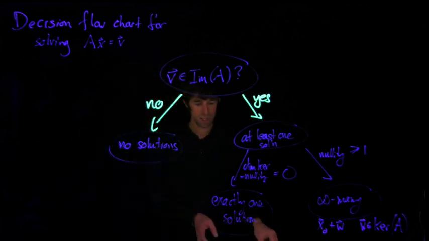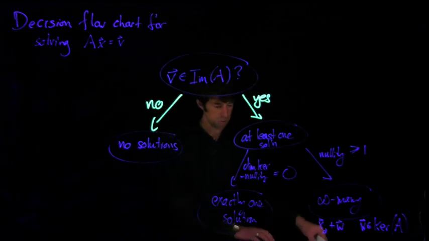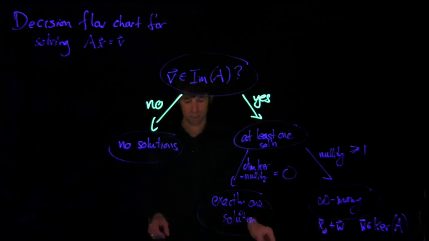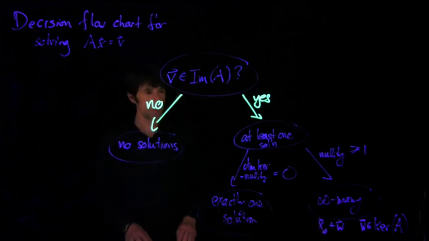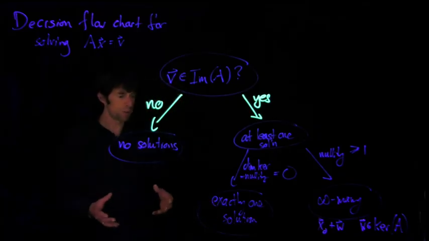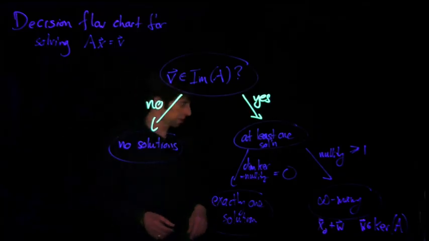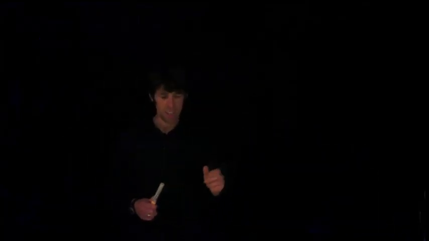Now, let's look at a little bit of an example of the method for solving these things. So this is something that probably many of you have seen before. How do we actually solve an equation? Let's look at an example of solving a system of equations.